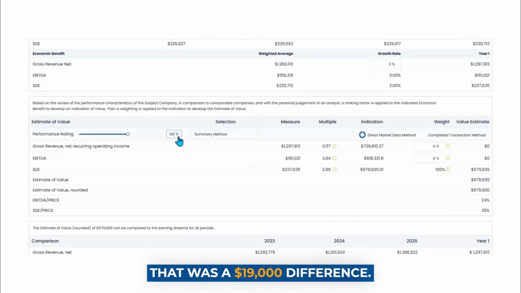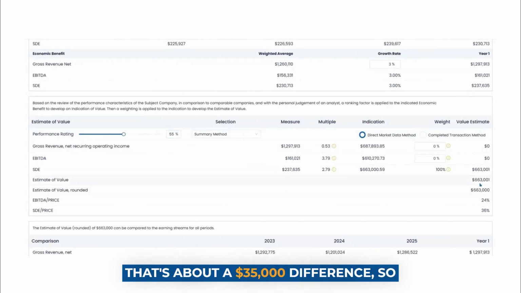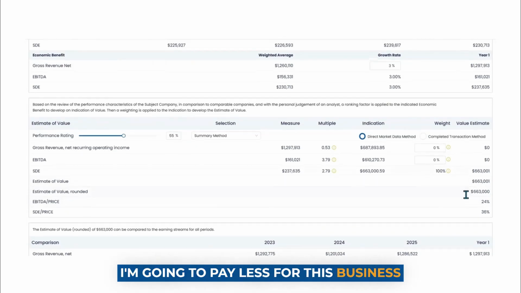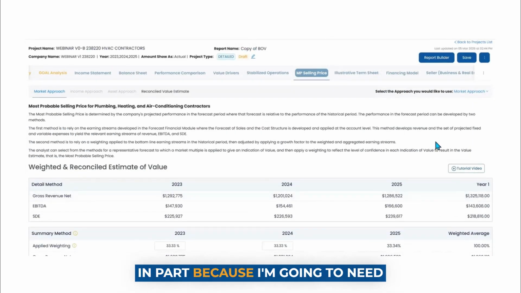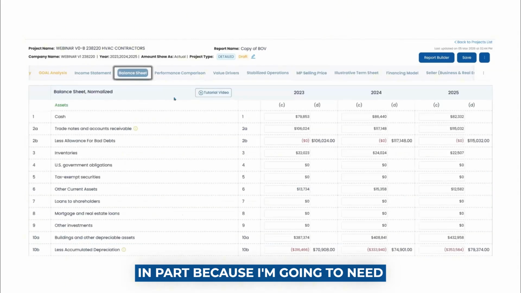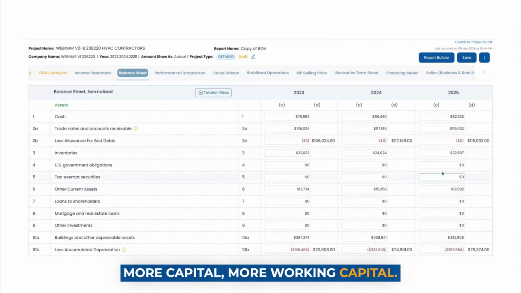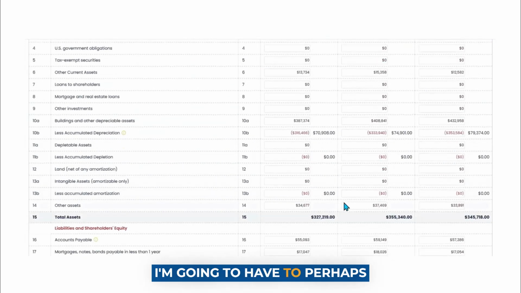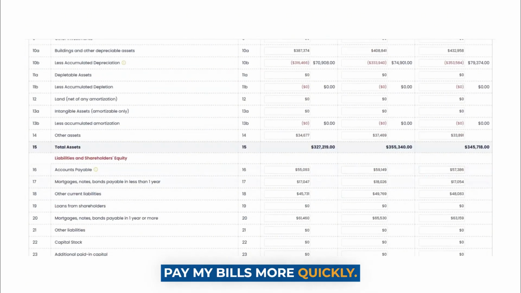That was a $19,000 difference. Let's put it down here. That's about a $35,000 difference. So I'm going to pay less for this business, in part because I'm going to need more capital, more working capital. I'm going to have to perhaps pay my bills more quickly.